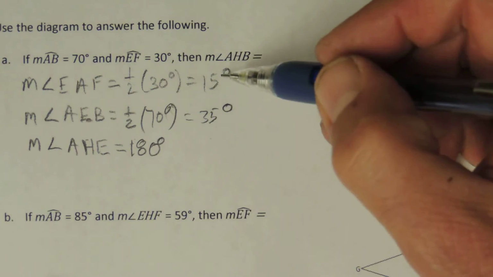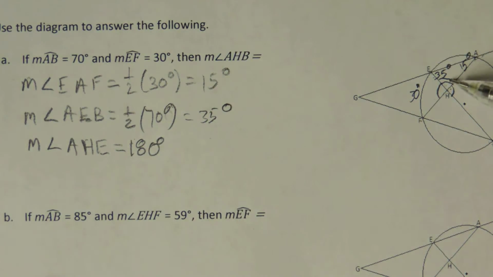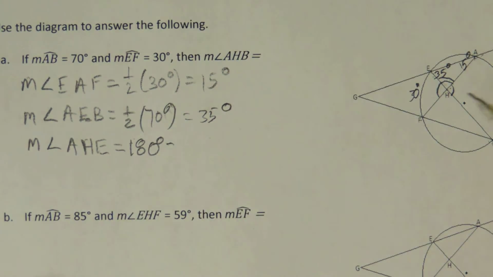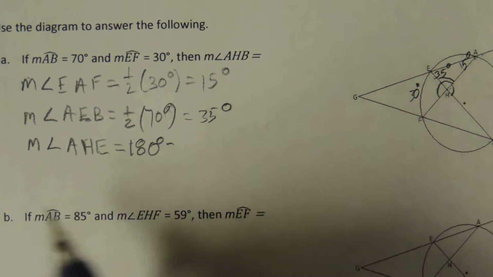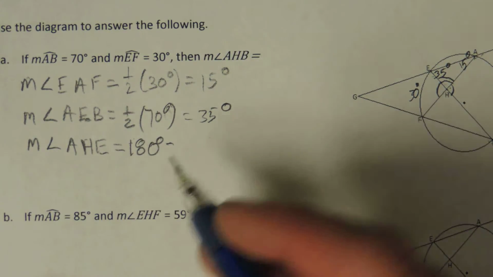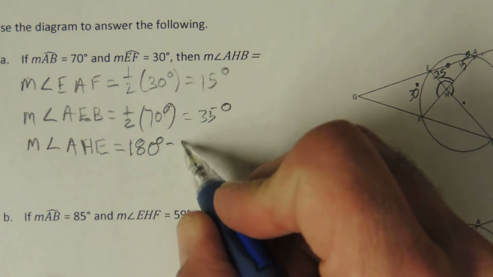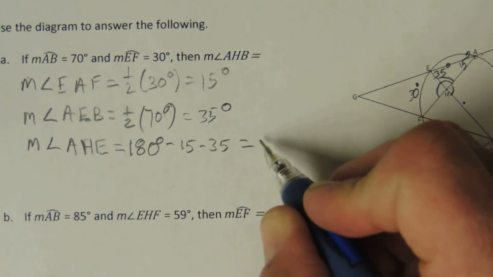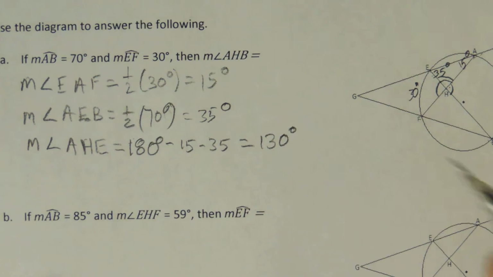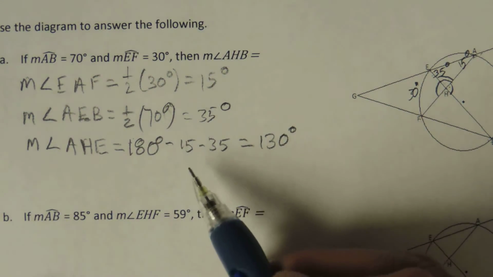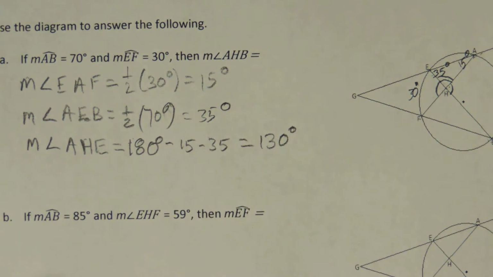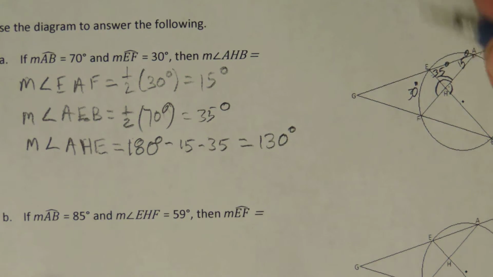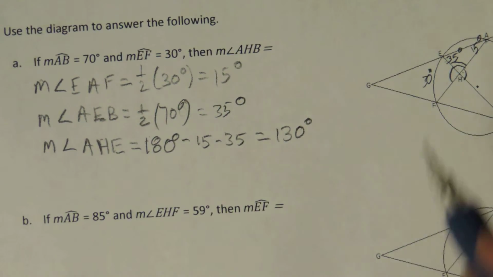So I know that these angles have to add up to 180 when they're combined with angle AHE. So I can subtract them from 180. Equals 130 degrees. So I've got angle AHE.